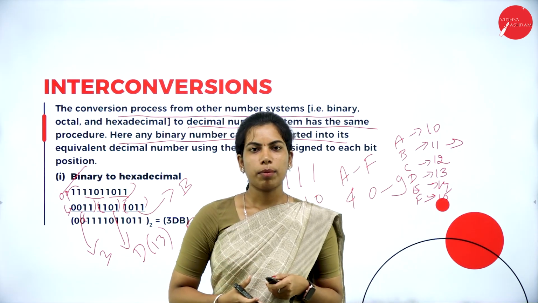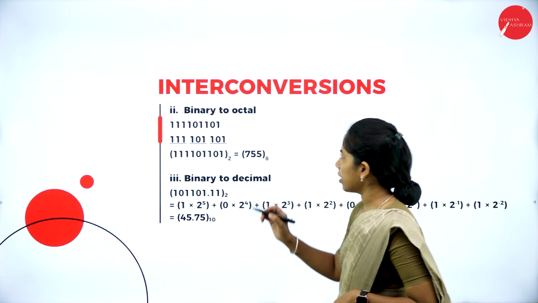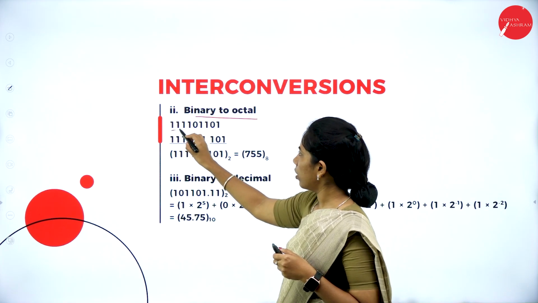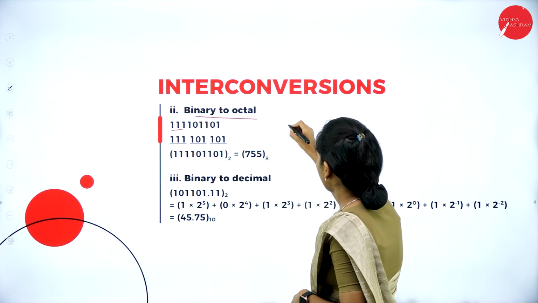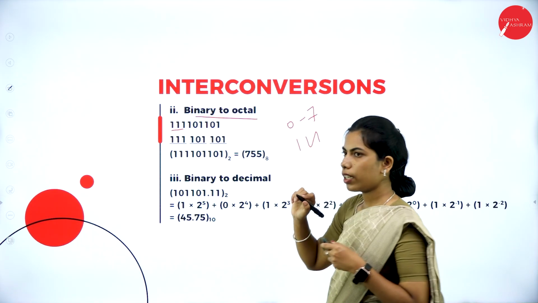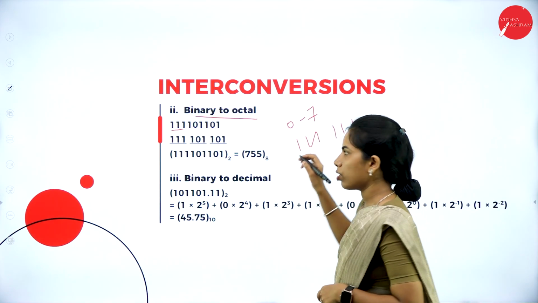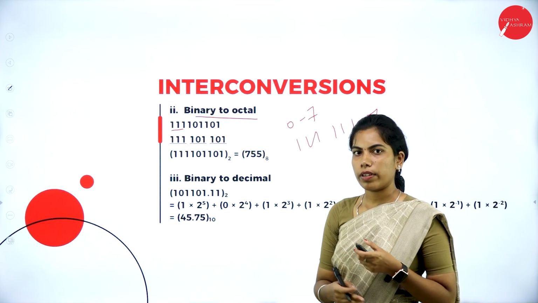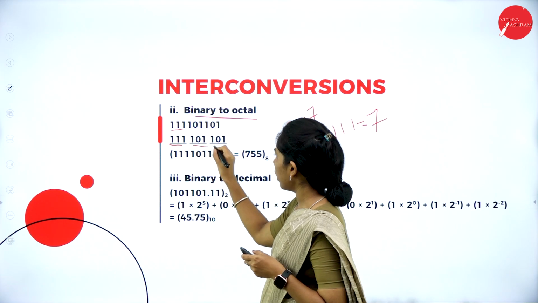Got it? Let's see some more examples of interconversion, so you will get to know. So here you can see binary to octal. The number is already given: 111101101. In octal it uses only 0 to 7. The highest could be 111, right? 111 can be written as the decimal value 7. So it uses only 3 bits, so that's why I group 3 bits.